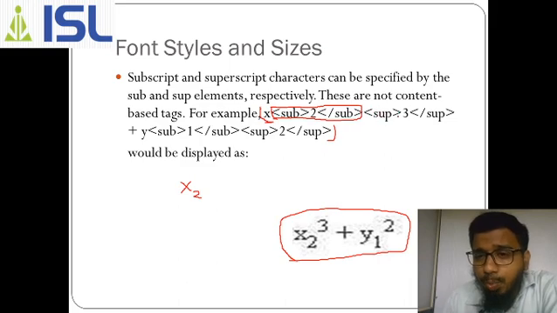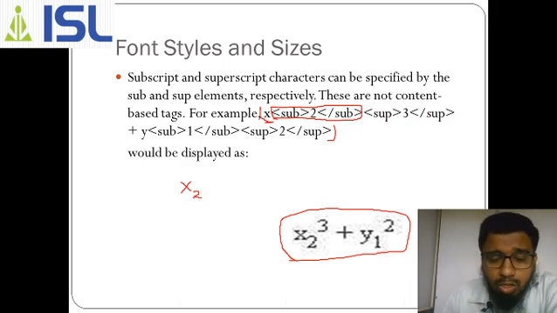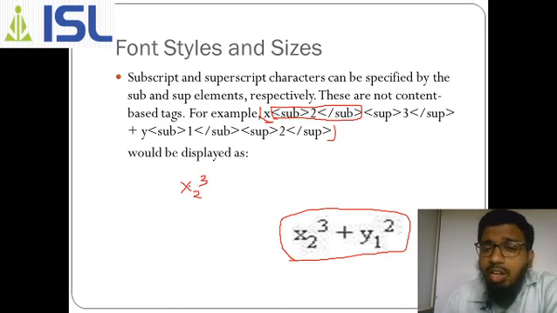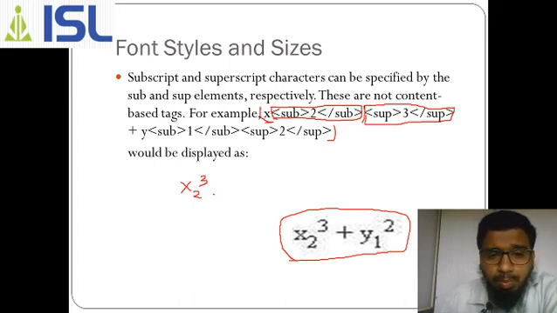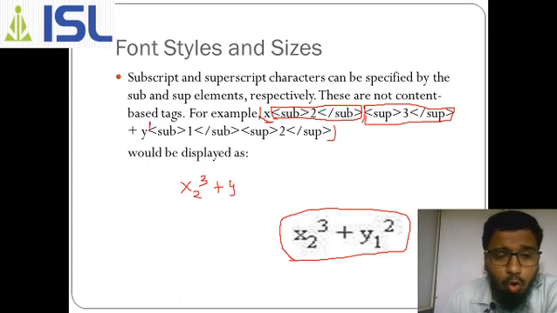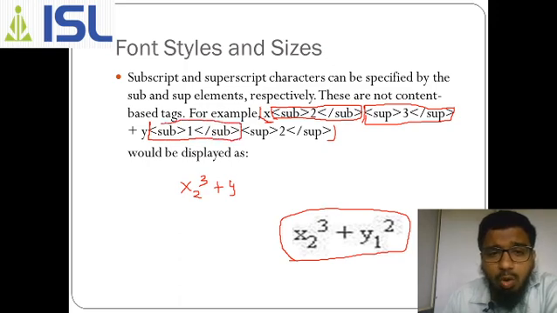Now sup 3, so the power is 3, opening tag and closing tag. Now plus as it is, then y as it is. Then here the opening tag is sub 1 and this is a closing tag.